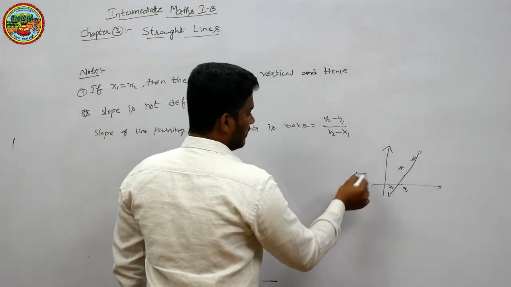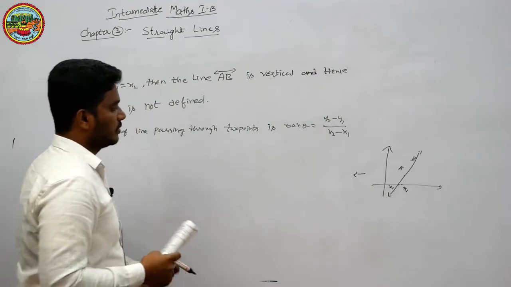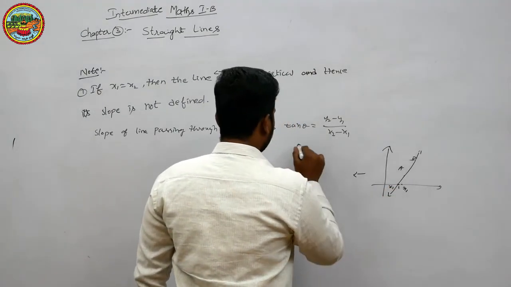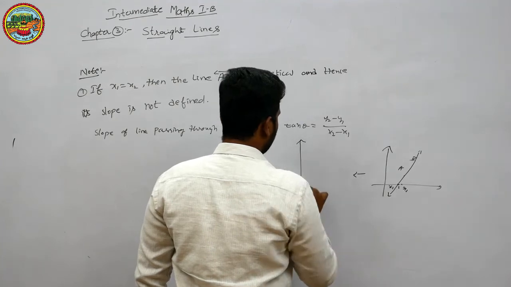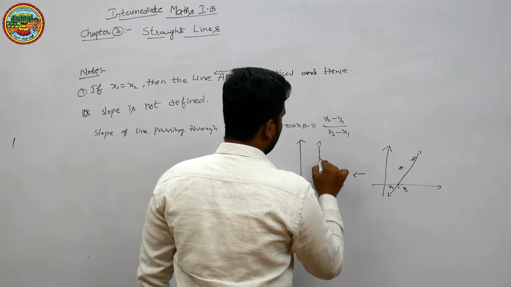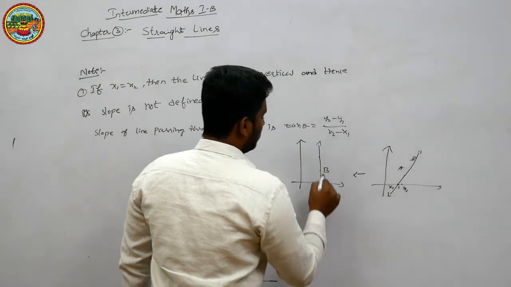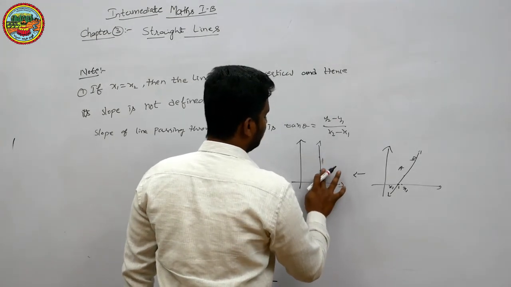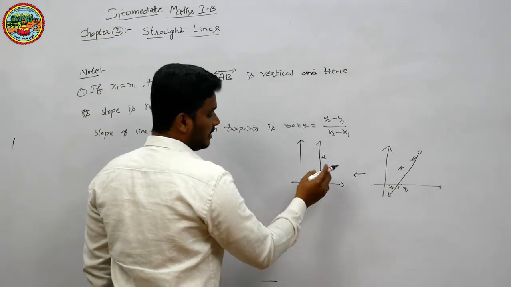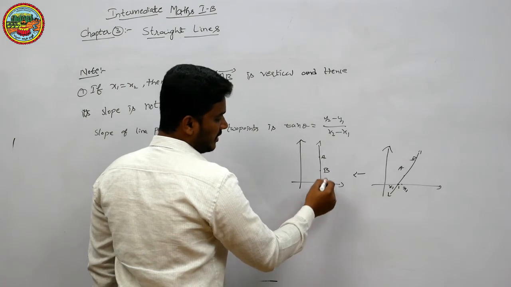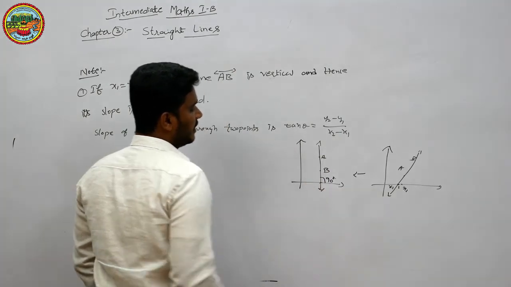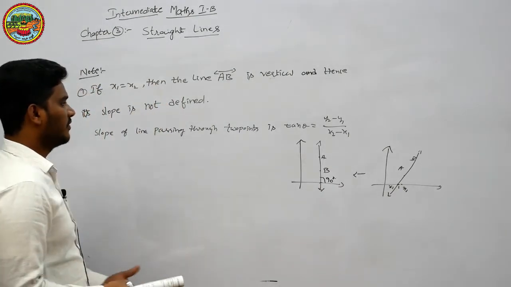If x1 is equal to x2, that means the meeting point is only one, which is converted to a vertical line. So the line AB is converted to a vertical line. The vertical line means the angle is 90 degrees. At angle 90 degrees, tan theta is not defined.